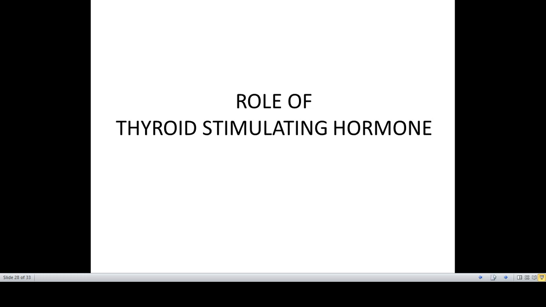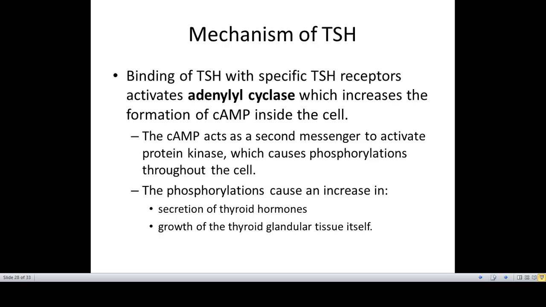When thyroid stimulating hormone is secreted by the anterior pituitary cells, it is released into the blood circulation and reaches the thyroid gland, where it acts on the receptors present on the cuboidal cells lining the follicles, and there it performs very important functions.